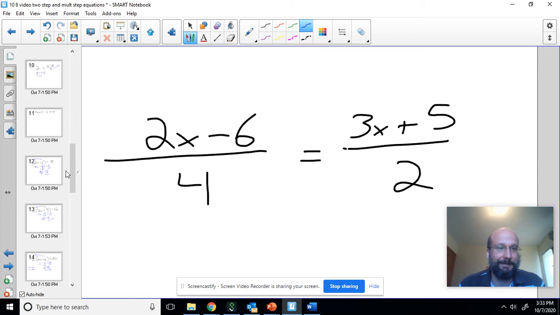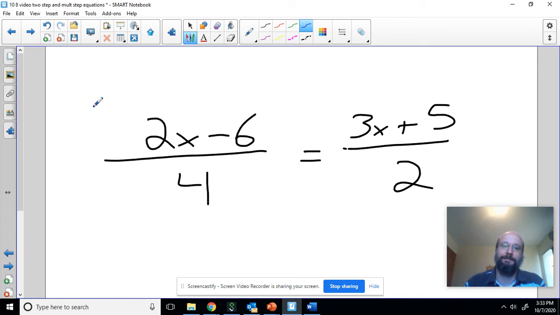This one, we're adding something in. When you have two fractions, the easiest way to simplify these is, remember, you're going to multiply by the bottom fraction.